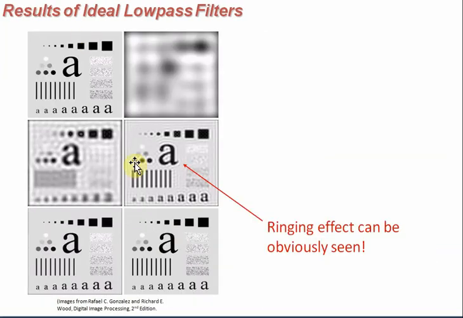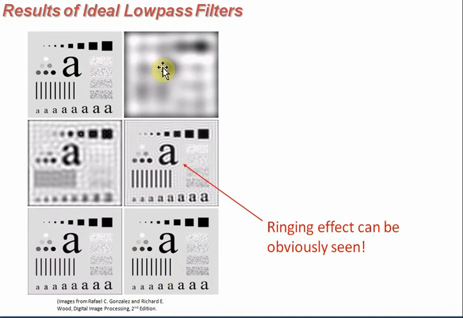If you observe, if the radius is large, you can see your image as it is. There is not much variation between these two, because there are not many higher frequency components to remove here. So these two are similar.